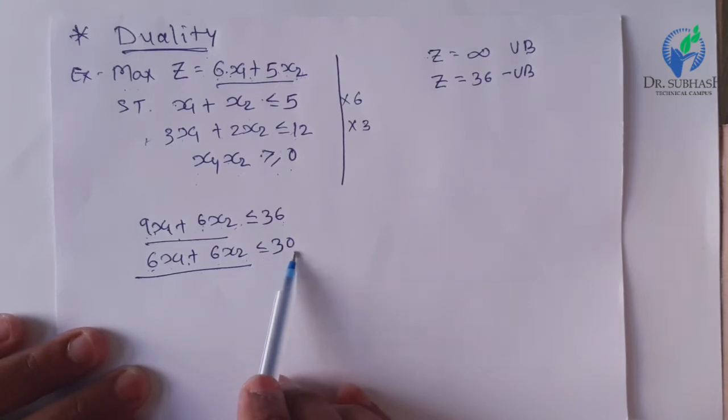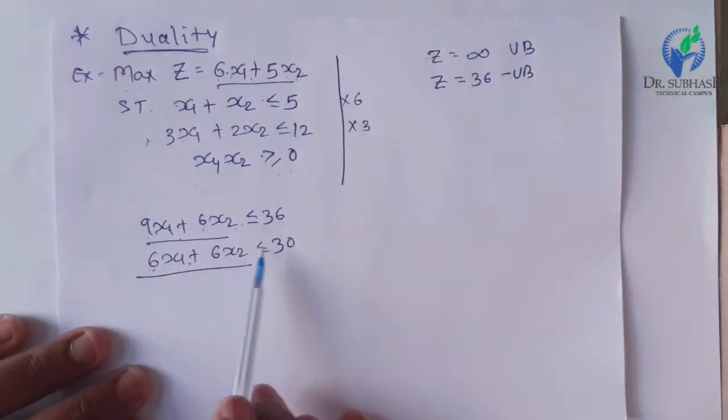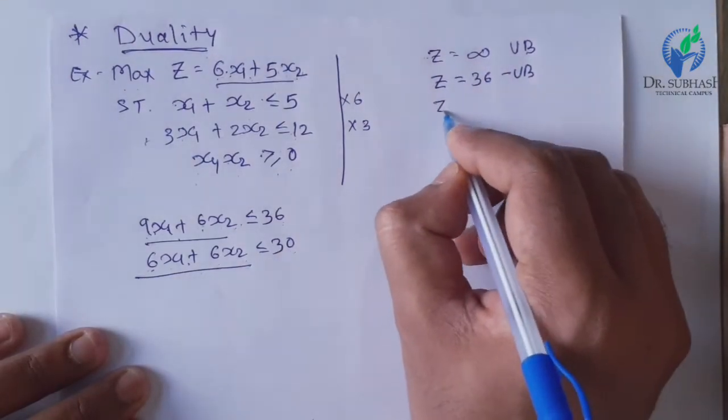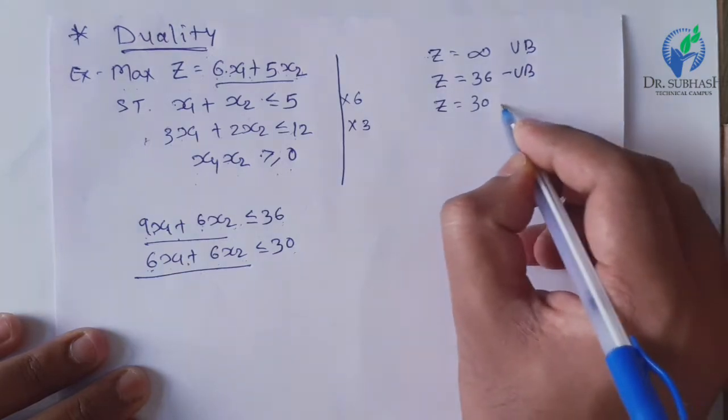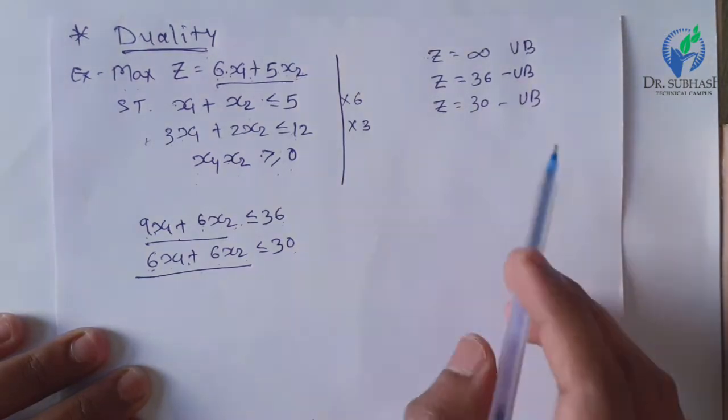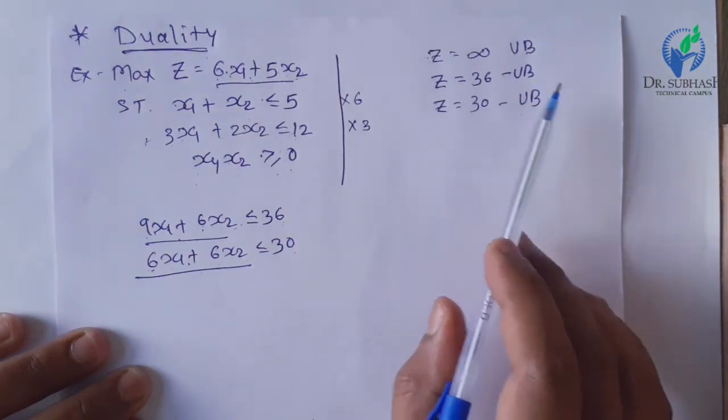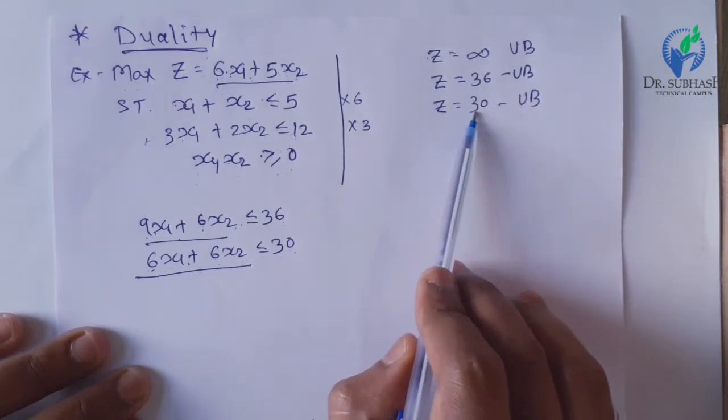So 6x1 plus 5x2 is less than or equal to 30. We get another upper bound, which is less than 36 and much less than infinity.